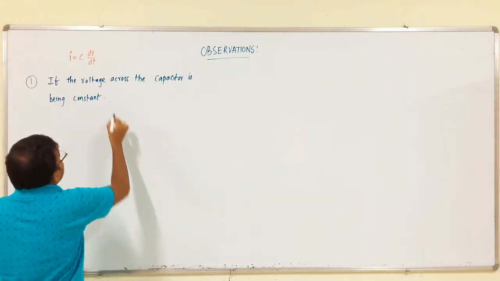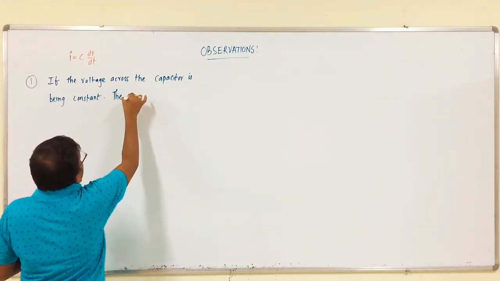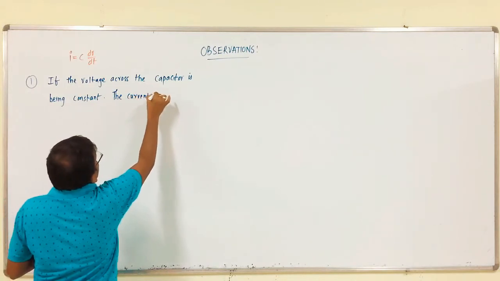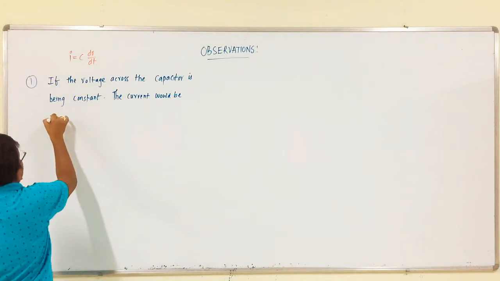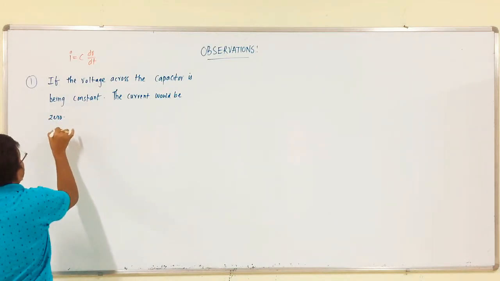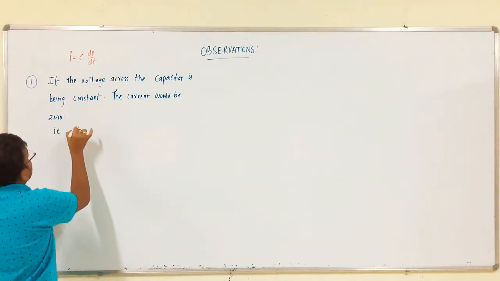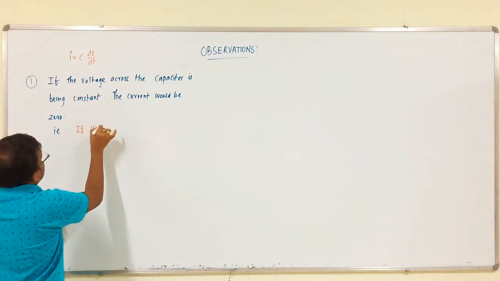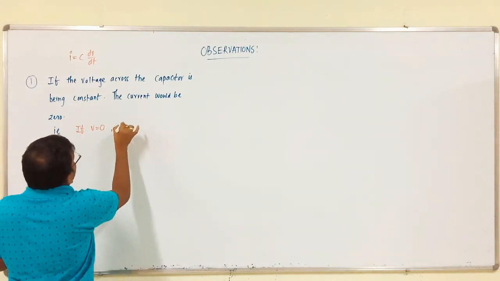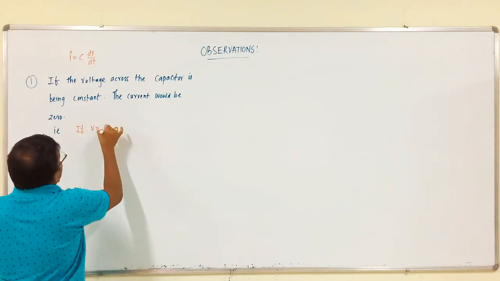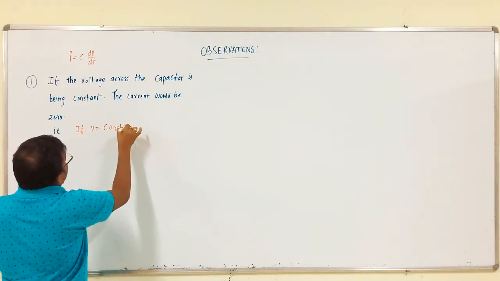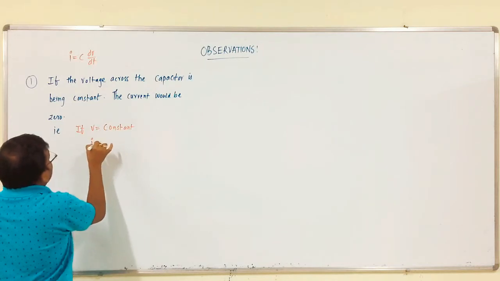The current would be 0. If V is constant, current is equal to 0.